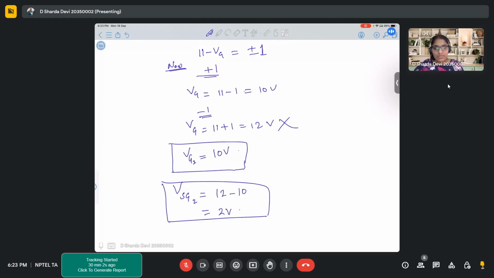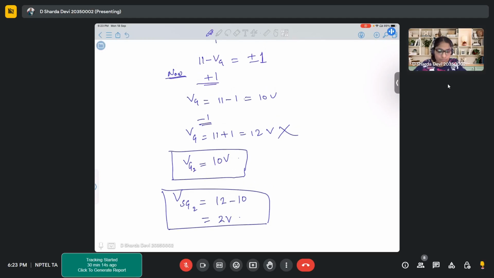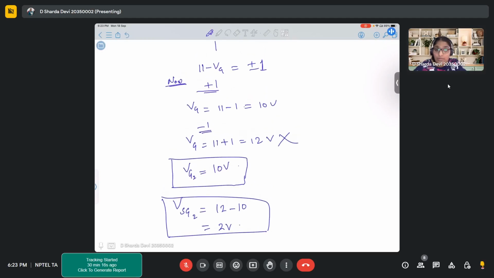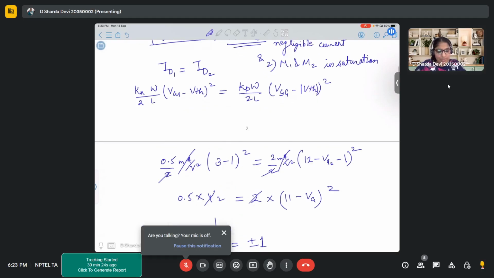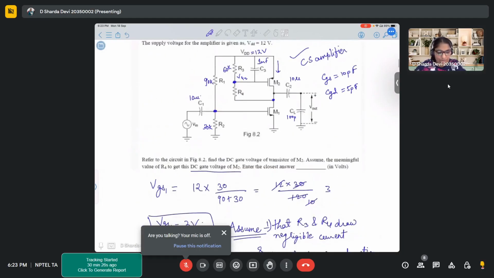Are there any doubts? Ma'am, I could not hear properly this 12 volt. Is it that we are only verifying the saturation condition there, or this Vg equal to 11 plus 1 equal to 12 volt, we are not considering? So the saturation condition is fine.